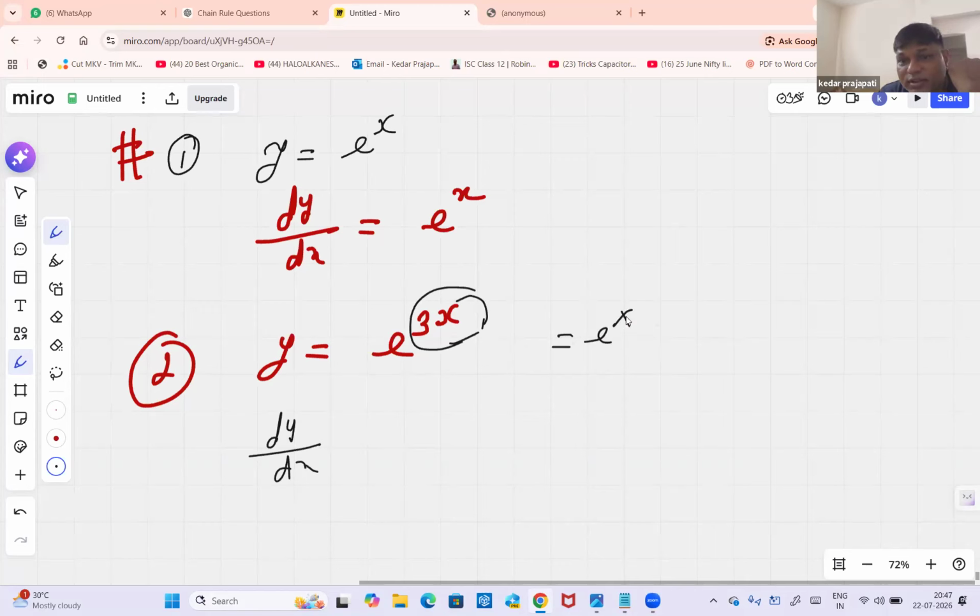So e to power x into d by dx of x. What is x here? x equal to 3x.